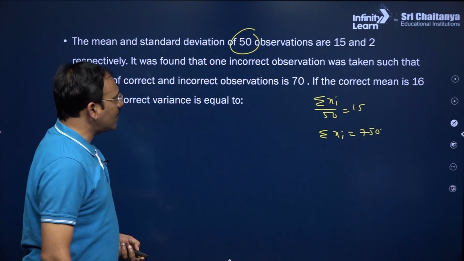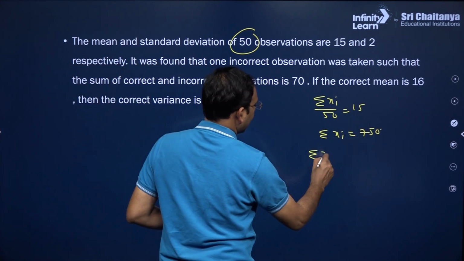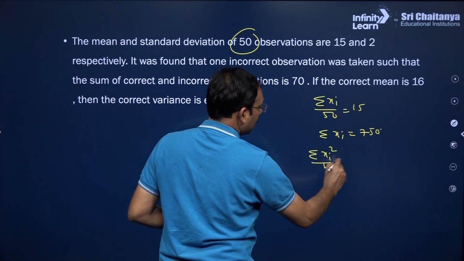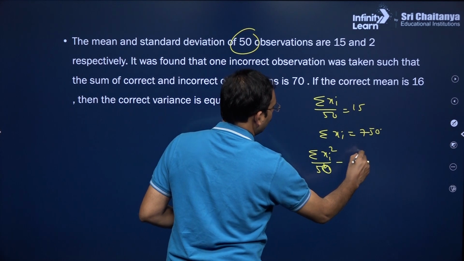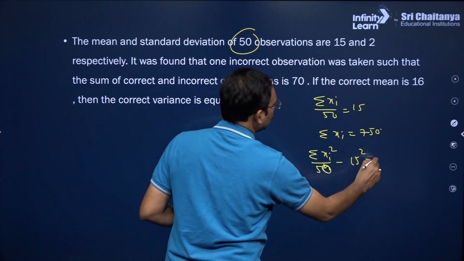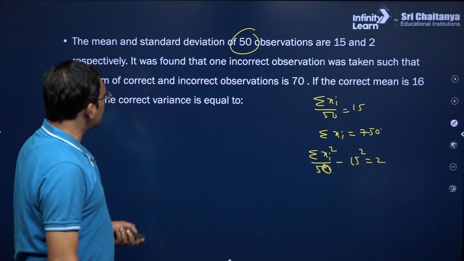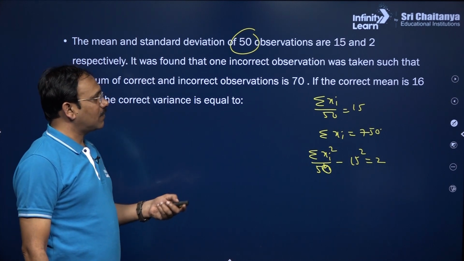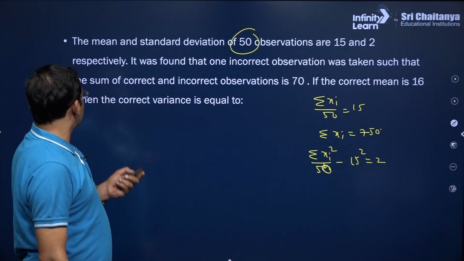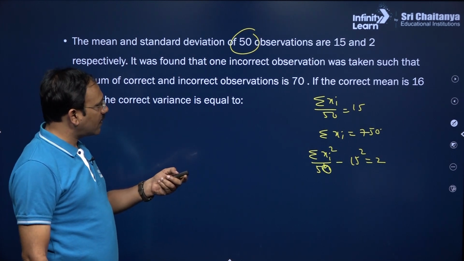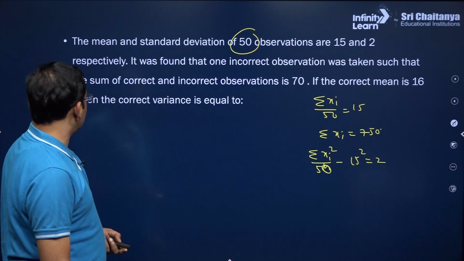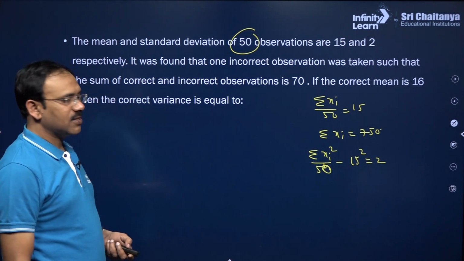The variance means sigma xi square by n, where n is 50, minus the average, that is 15 square, is equal to 2, as he has given. It is found that one incorrect observation was taken such that the sum of the correct and incorrect observations is 70. If the correct mean is 16, then the correct variance is equal to.